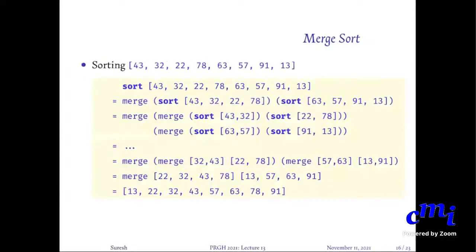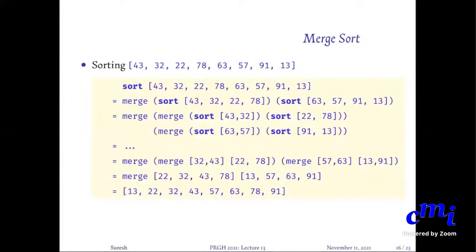Here is one example where I walk you through one sort. Sort of 43, 32, 22, 78, 60, and so on, is the merge of sort of the first four elements and sort of the next four elements. But this itself is a merge of sort of 43, 32 and sort of 22, 78.